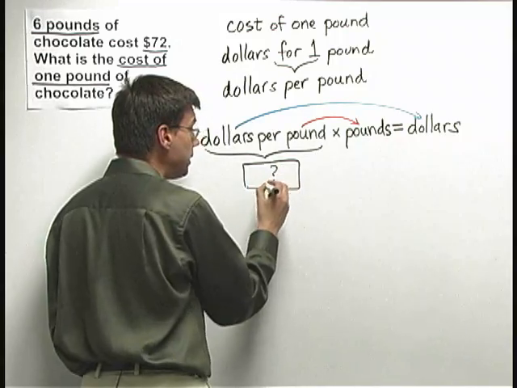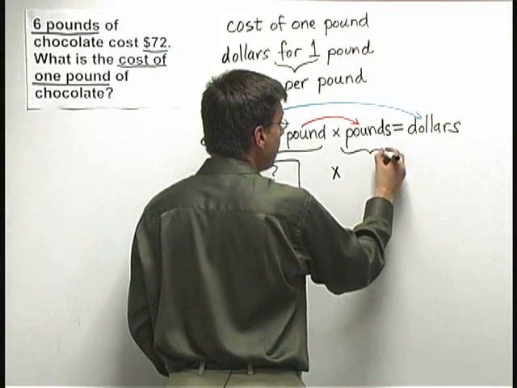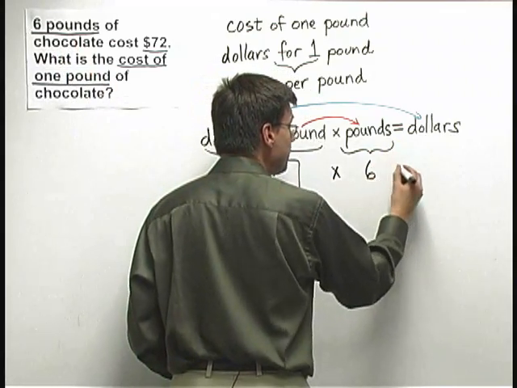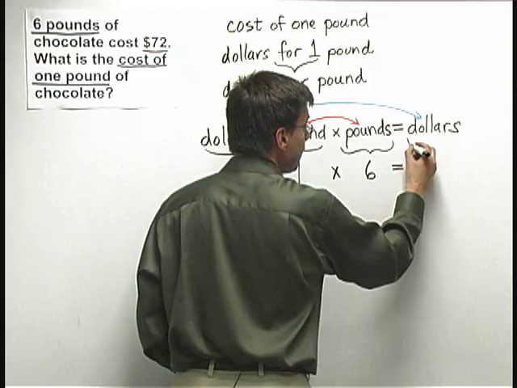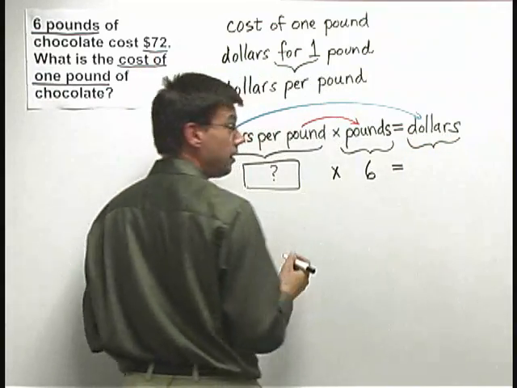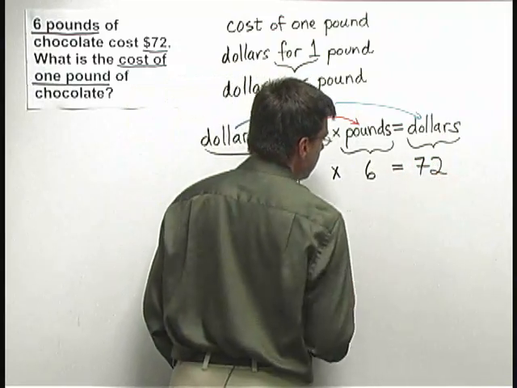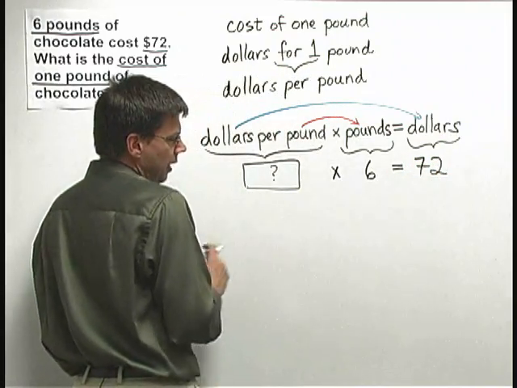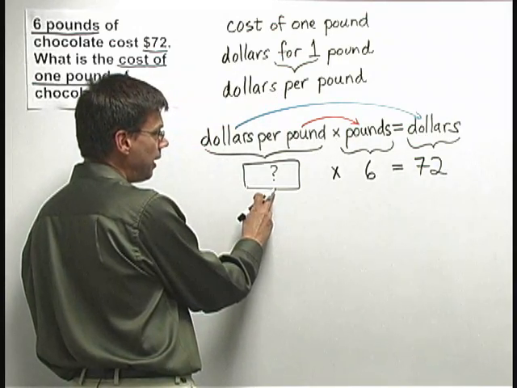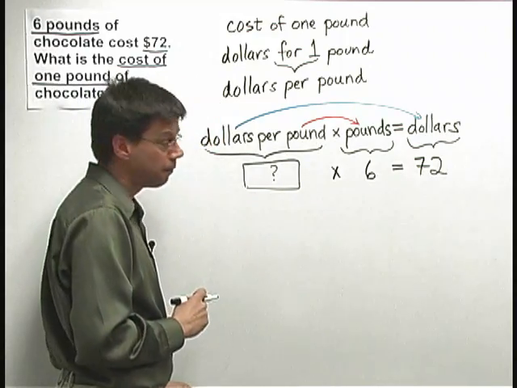We don't know how many dollars per pound. Times how many pounds? Well, we know we had 6 pounds of chocolate. How many dollars? The 6 pounds of chocolate cost $72. So when we fill in the values, and when we notice that we're trying to find dollars per pound, we have a missing number statement.